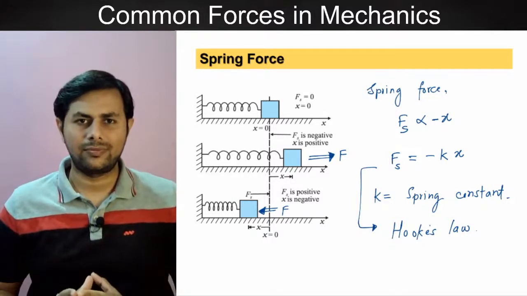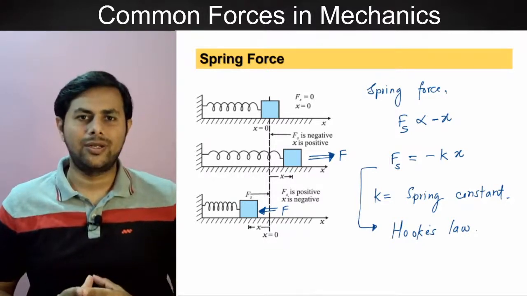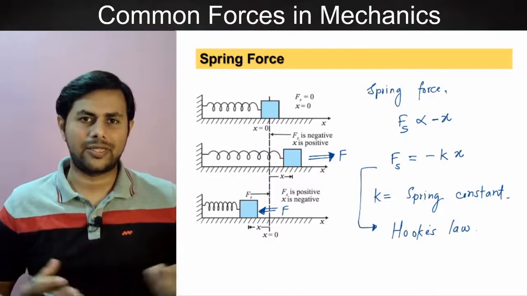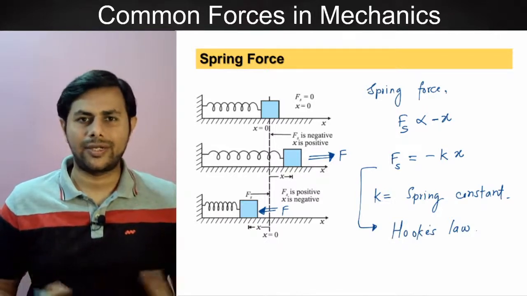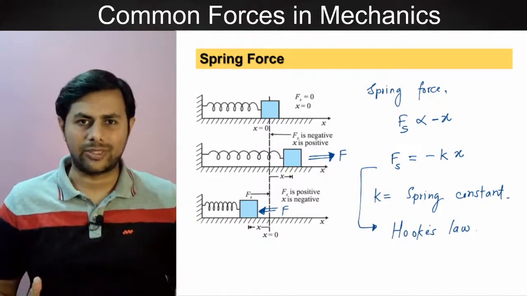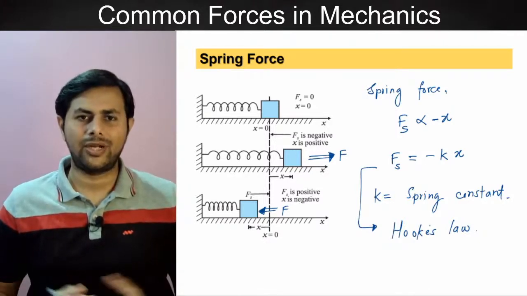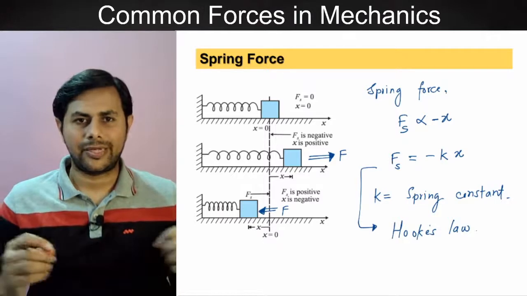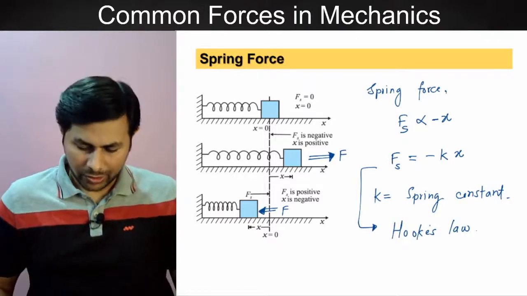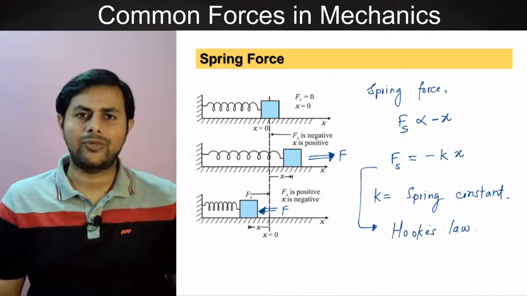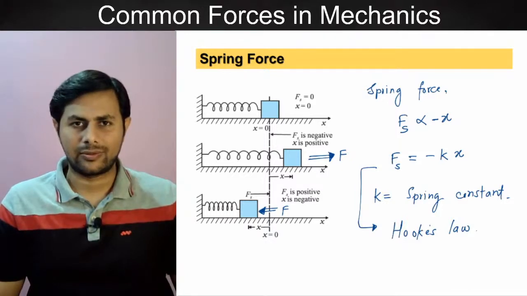Till now we have been talking about force, let's say 10 newtons, 100 newtons, but how do we measure a force? To measure a force, we need to have some reference. So the spring force provides us with the reference to measure a force.